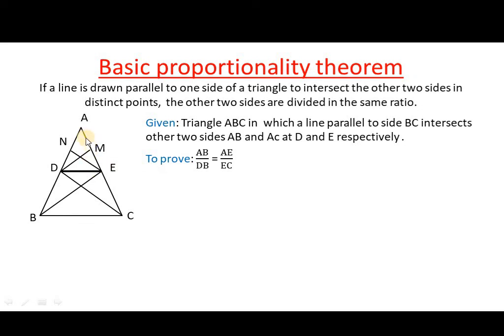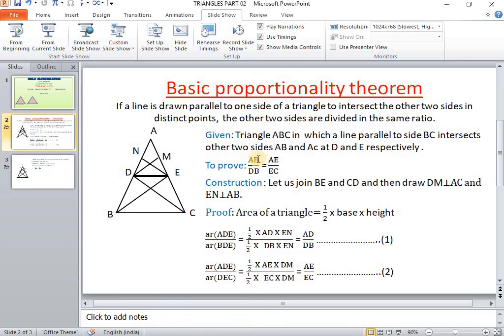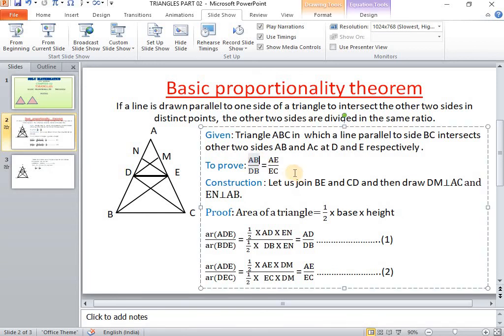We have to prove AD divided by DB is equal to AE divided by EC.